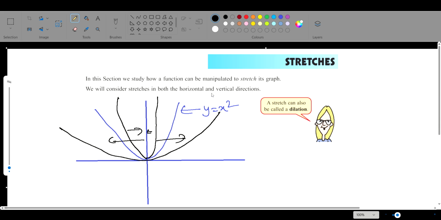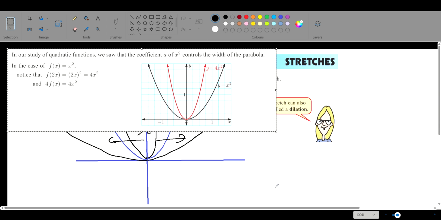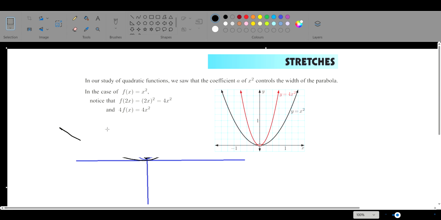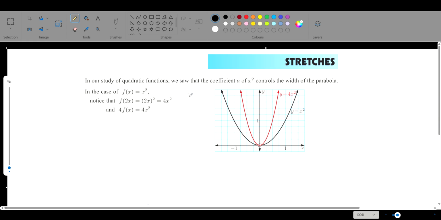Mathematically, how do we know that a stretch happens? We have just seen from the translation what it looks like for the stretches. Here you can see the original function is y is equal to x square. What happens to x?